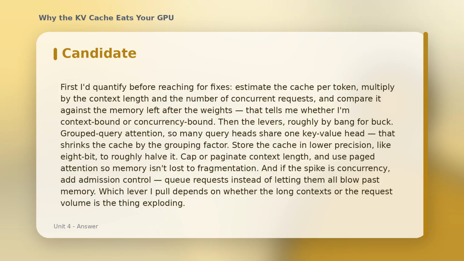Store the cache in lower precision, like 8-bit, to roughly halve it. Cap or paginate context length, and use paged attention so memory isn't lost to fragmentation. And if the spike is concurrency, add admission control. Queue requests instead of letting them all blow past memory. Which lever I pull depends on whether the long contexts or the request volume is the thing exploding.